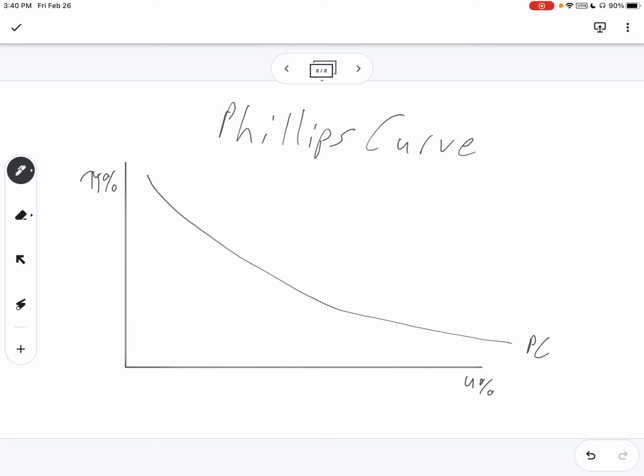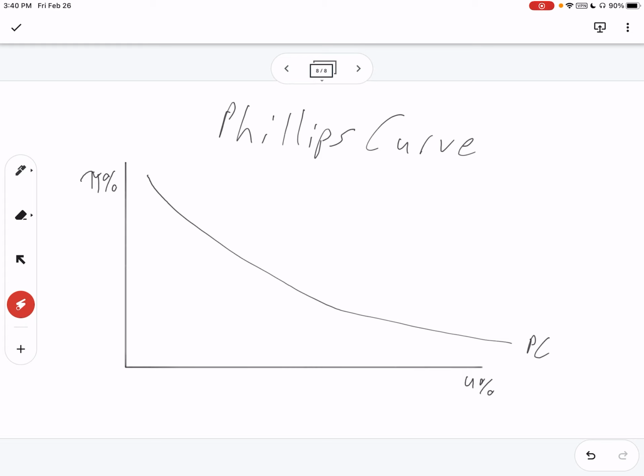So this line, this downward sloping curve here, is called the Phillips curve. And what they found is that when the inflation rate was higher, the unemployment rate was lower. And when the inflation rate was lower, the unemployment rate was higher. That they moved in opposite directions.